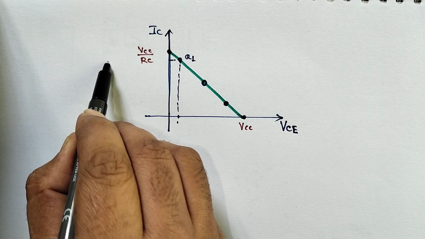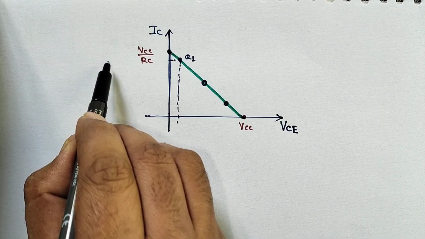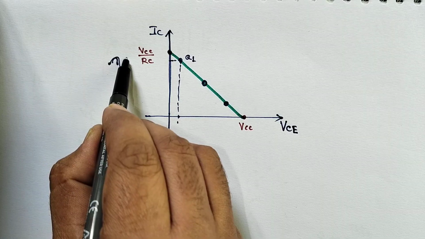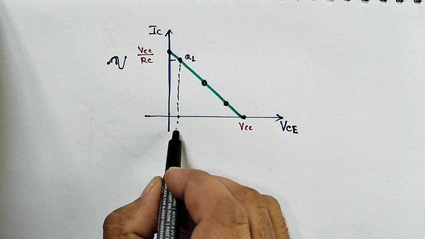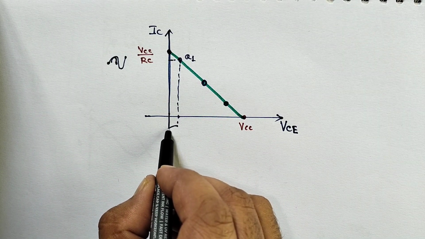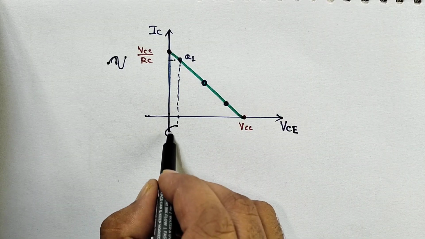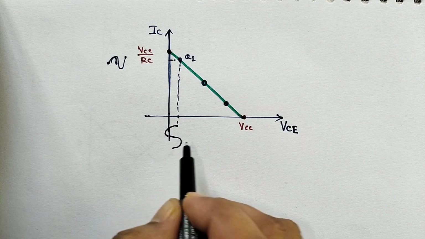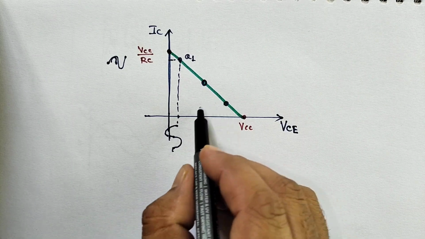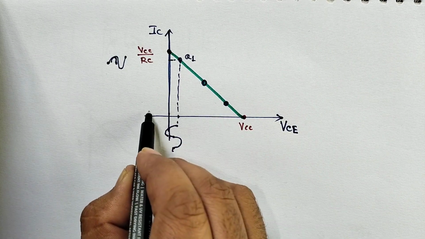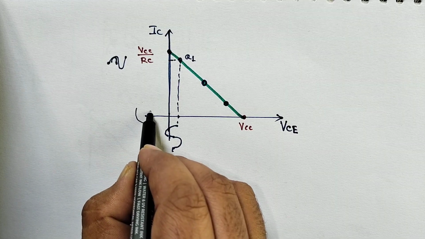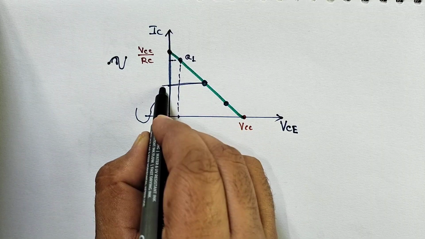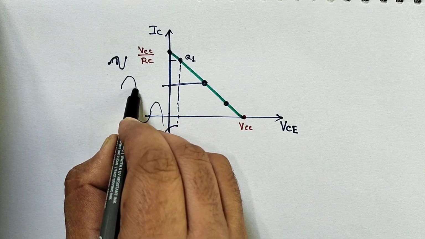When I give a signal here while amplifying, some part gets clipped, some negative part is clipped. Suppose I take a point on the other side, then some section is also clipped. So the middle, the center point, is the perfect point.